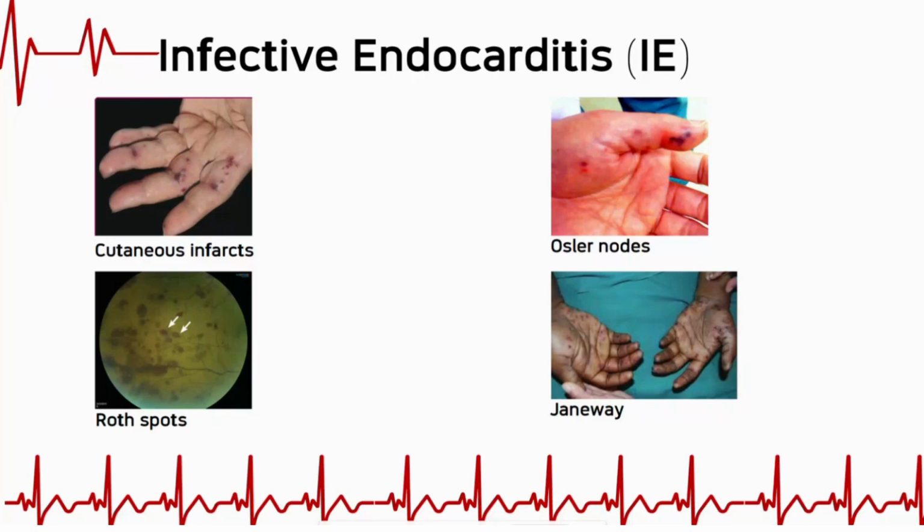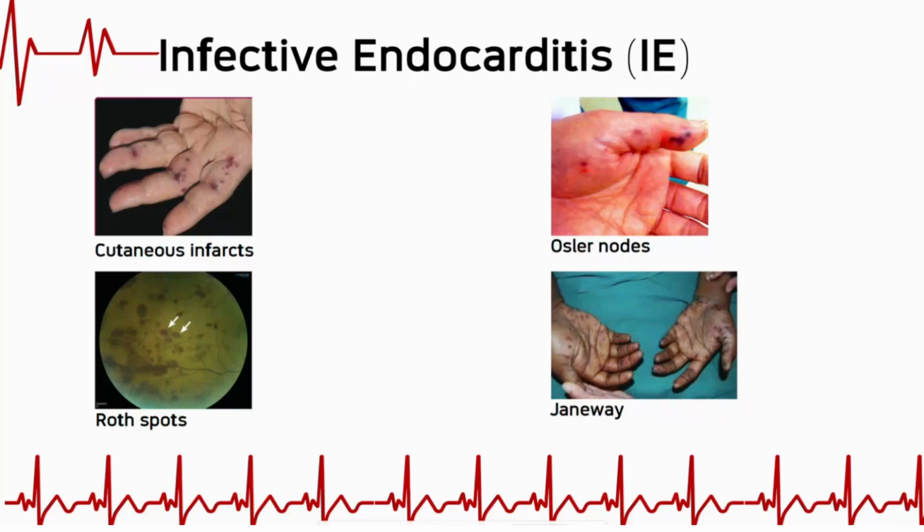You can see Janeway lesions in the feet and the hands. Roth spots: when you do a fundoscopy, you can see small hemorrhages all over the eyes. And using your Duke's criteria, you can then diagnose this patient with infective endocarditis more readily.